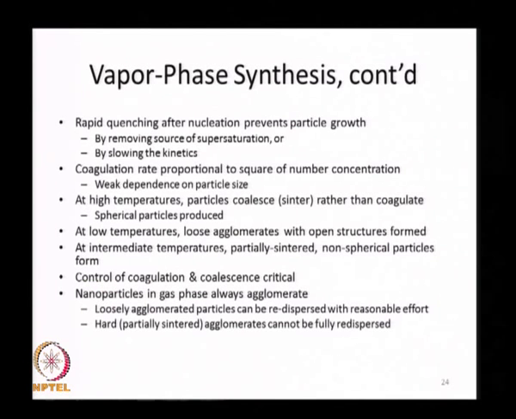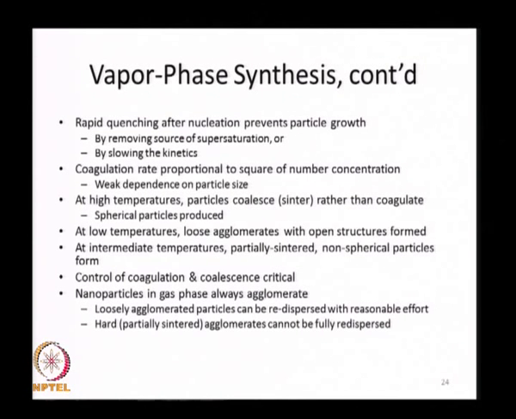Coagulation rate is, interestingly enough, only weakly dependent on particle size when we are doing vapor phase synthesis of nanomaterials. As temperatures increase, coagulation is replaced by coalescence or sintering. The primary difference between coagulation and coalescence is that at low temperatures where coagulation happens, you form loose agglomerates with open structures.